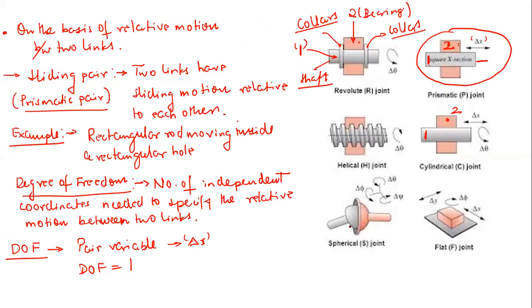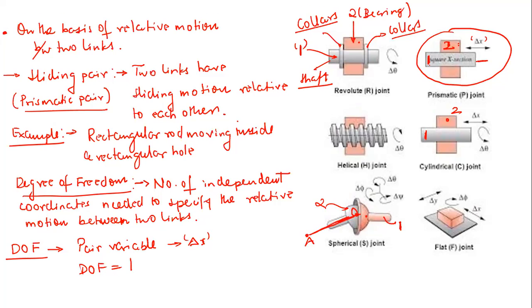So if you clearly see this diagram, to represent a ball and socket joint, we take the axis. Let me call the center of this O, and let me represent this axis as A. So this is your fixed link, on this side. Let me call this 1, and let me call this link 2. And now the axis of this link, let us say it is OA.